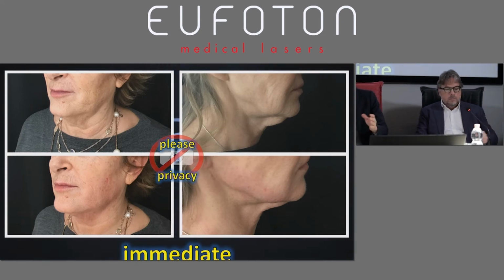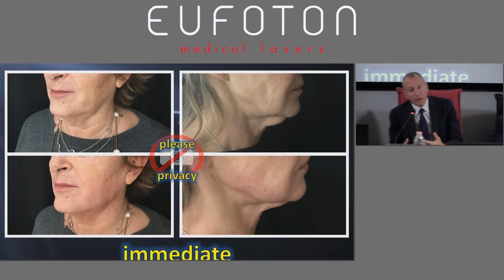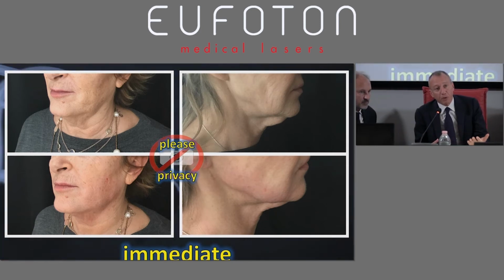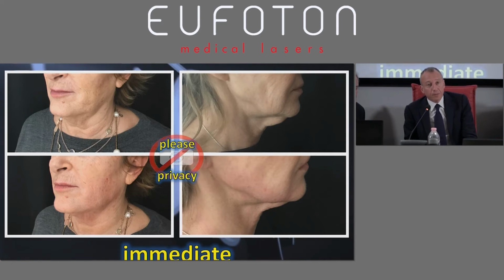It's always good to plan a good timing with Endolift, because we work on very thin regions. The more virgin the tissue is, the better the use of the fiber.